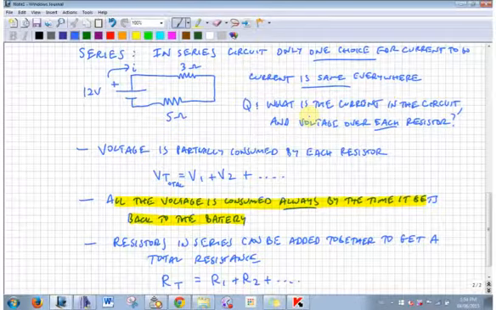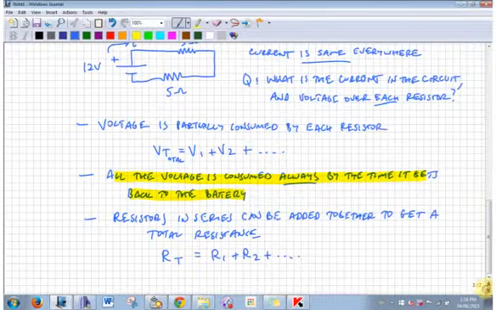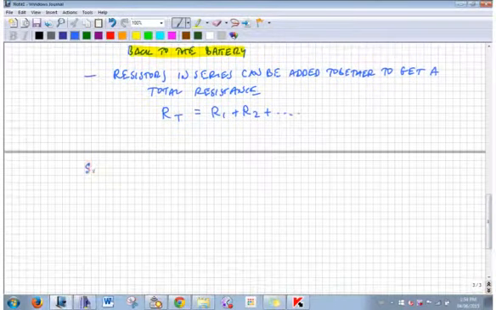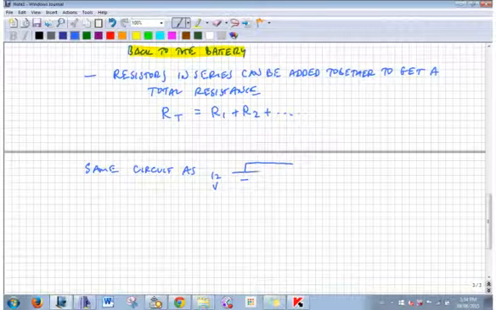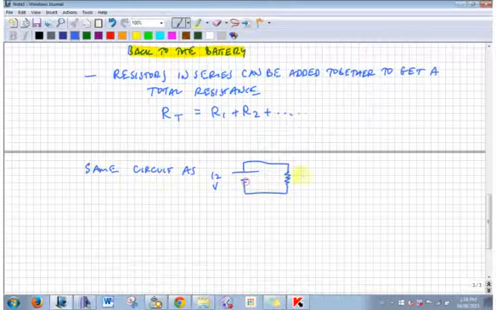So now let's look at this. What's the current in the circuit and the voltage over each resistor? So in this example, it's the same circuit, that's still 12 volts, but I'm going to add these two together and go, that's 3 ohms plus 5 ohms.